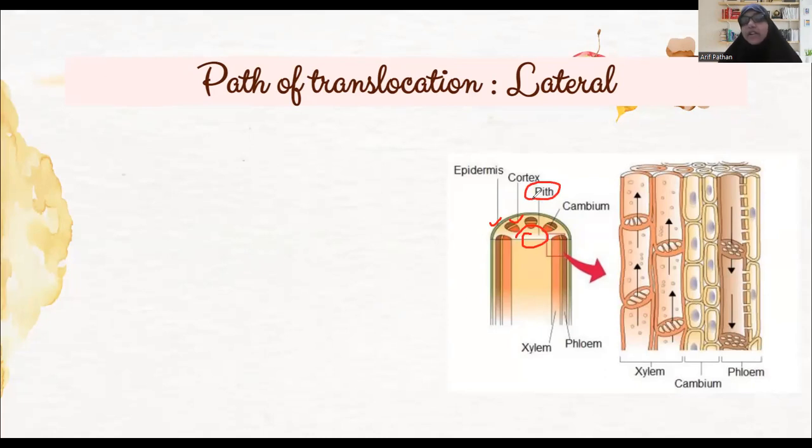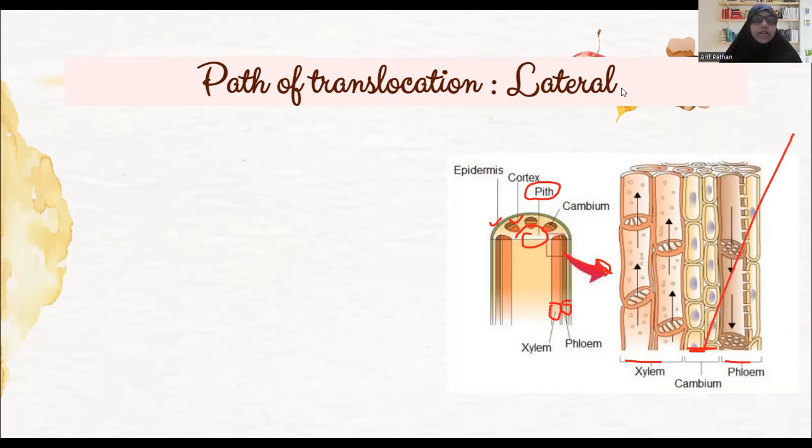These are different tissues. Then you have the xylem over here, then the phloem, and you have the cambium tissue in between these conducting vessels, xylem and phloem. So you have these lateral compartments. So food will also be translocated laterally, as and when required.